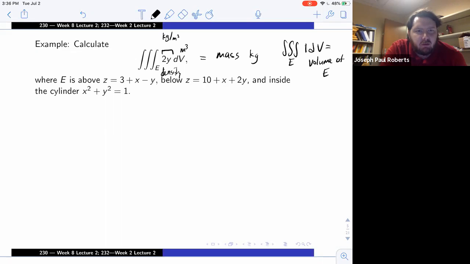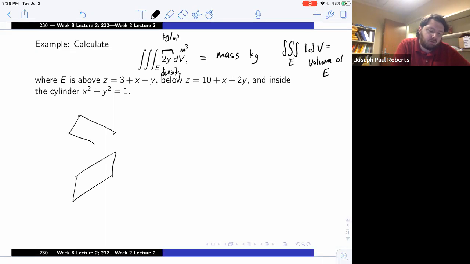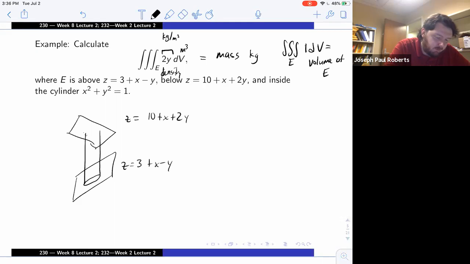Calculate this where E is above the plane z equals 3 plus x minus y, below the plane z equals 10 plus x plus 2y, and inside the cylinder. I don't know how these planes look, it's not so important, but let's say that z equals 3 plus x minus y looks something like that, and then z equals 10 plus x plus 2y looks something like that. So it's in between these two planes and inside a cylinder.